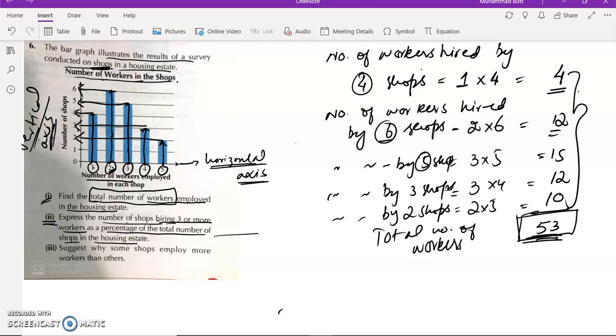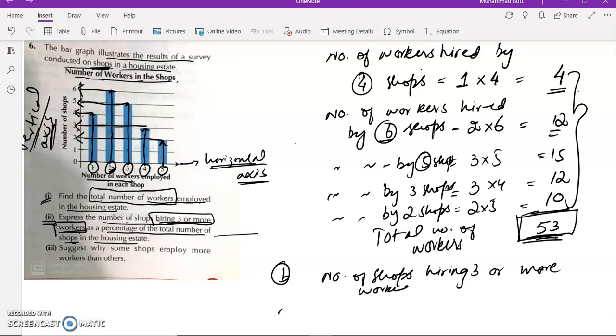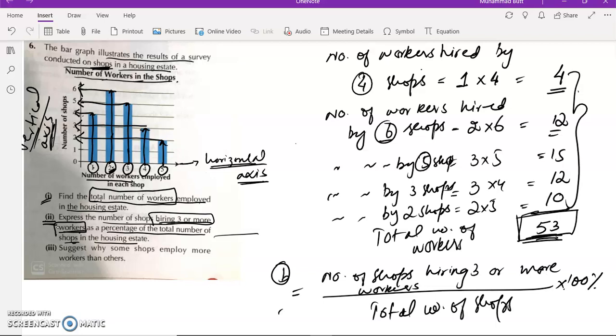The number of shops hiring 3 or more workers will be the numerator, and the total number of shops will be the denominator, and we are going to multiply it by 100% because we have to calculate the percentage.